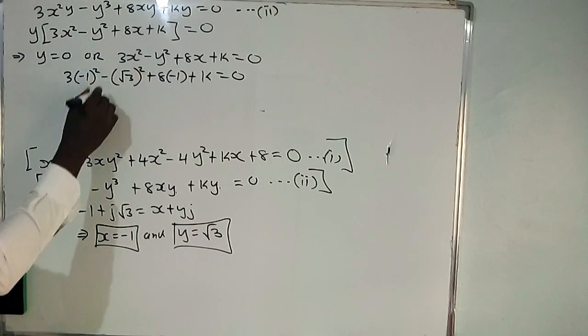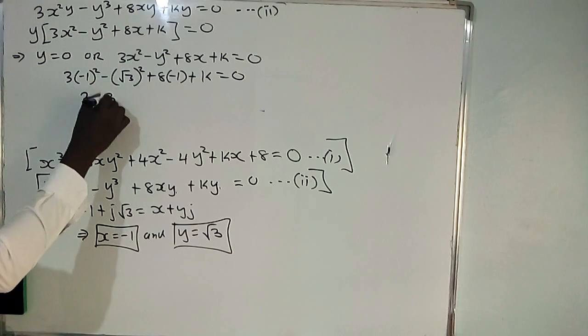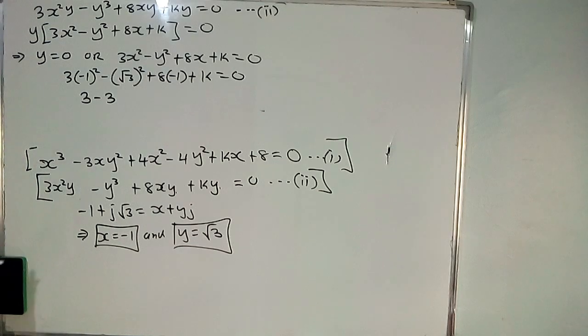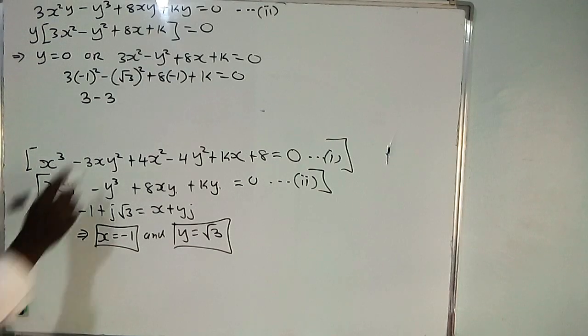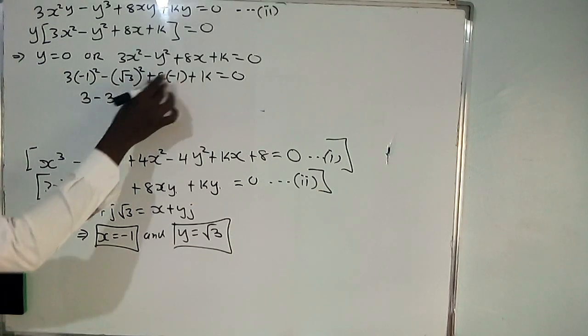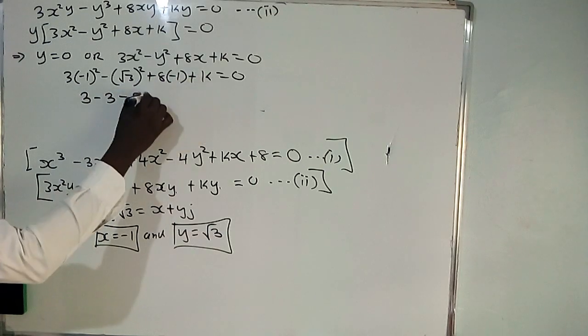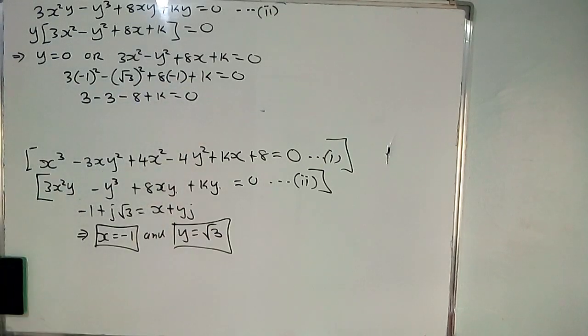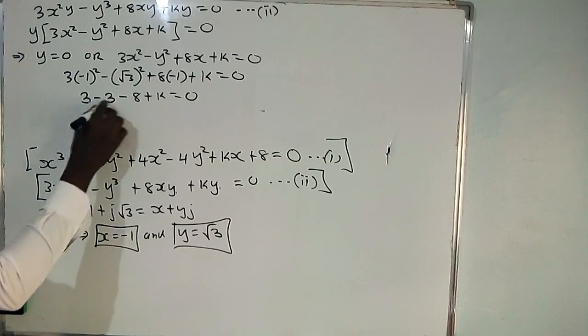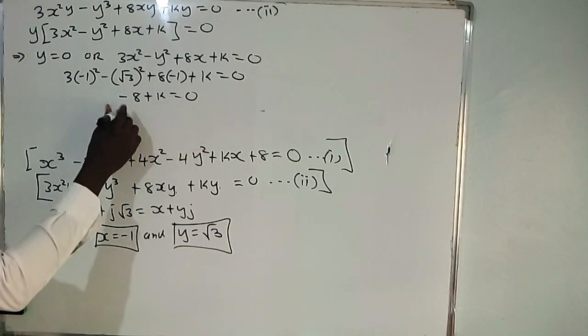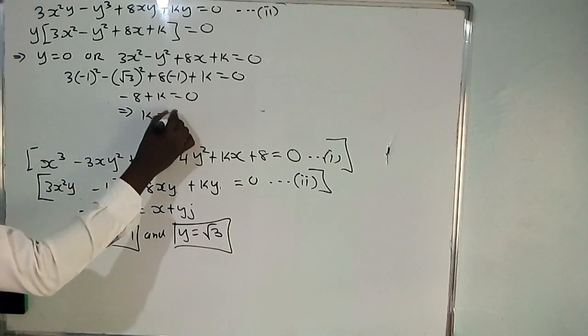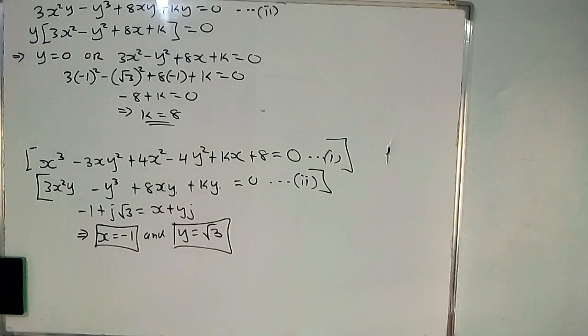Then root 3 squared, the root goes with the square, will remain with 3, so that is minus 3. Then positive 8 times -1 is minus 8. Then plus k is equal to 0. So 3 minus 3 is 0, isn't it? So you remain with -8 plus k is equal to 0. So that implies k is equal to 8. So you found the value of k. k is equal to 8.